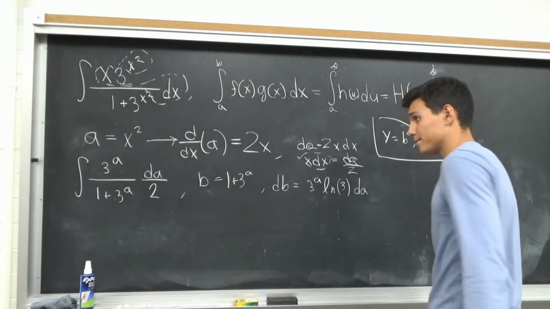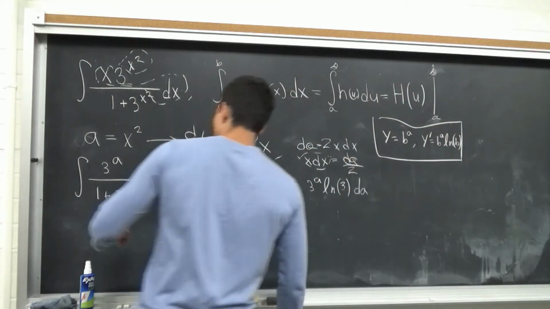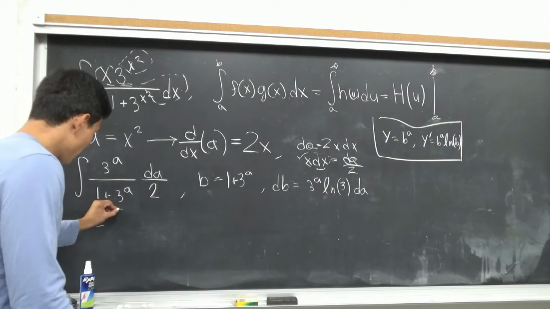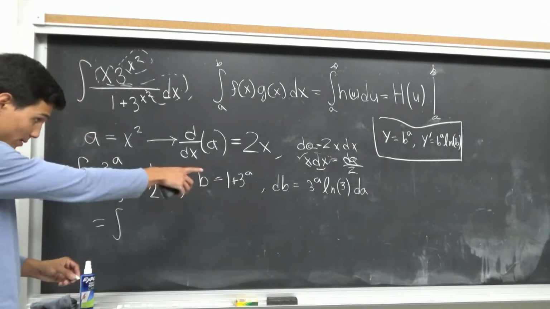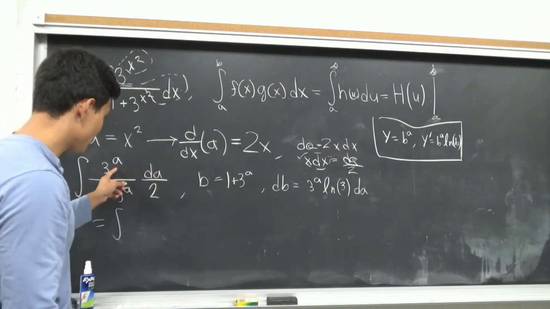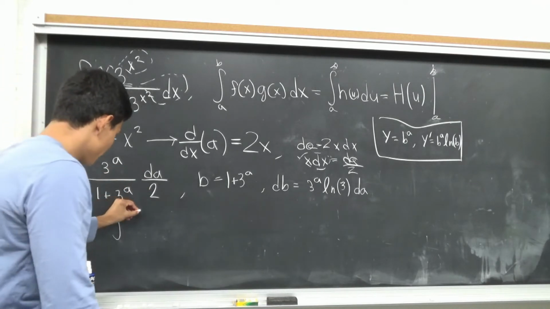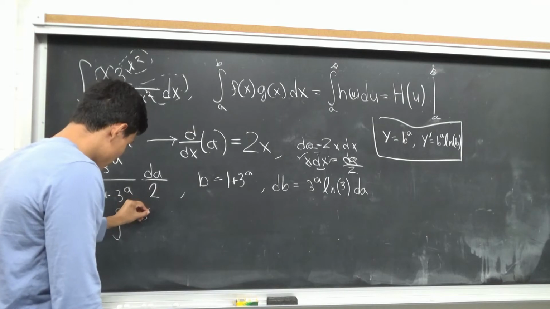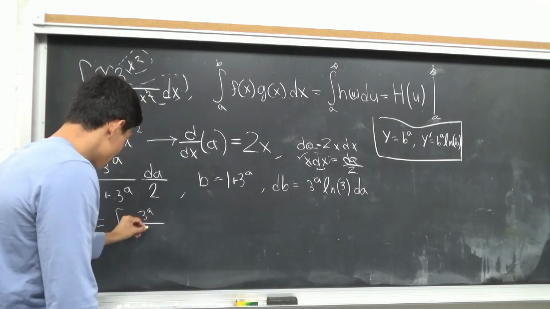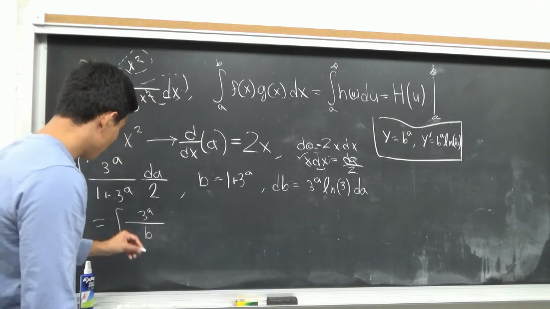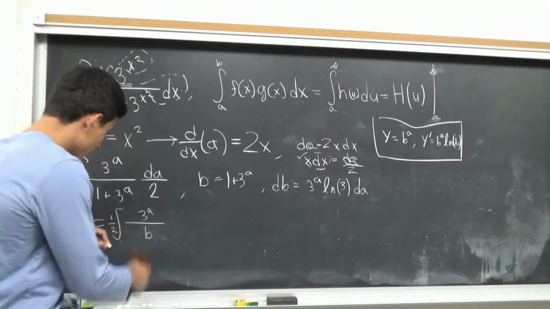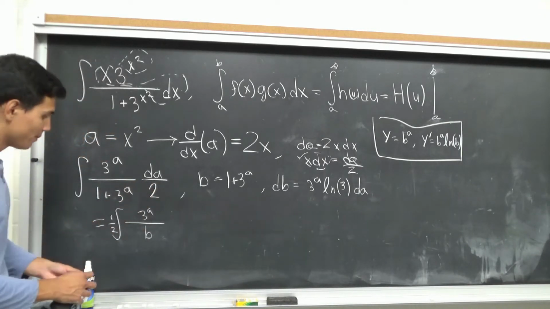Okay, so this integral can now be rewritten as what? We have 3a here, and we have 1 plus 3a, so we call this b. And then we had a 1/2 here, which you can pull in the front.